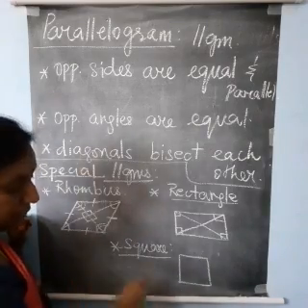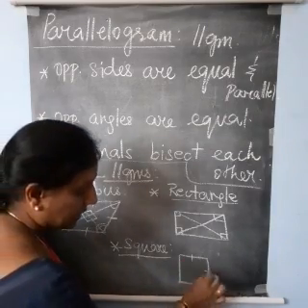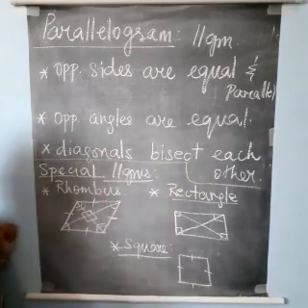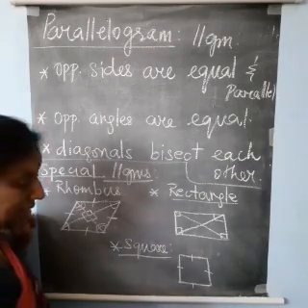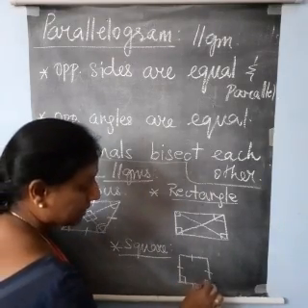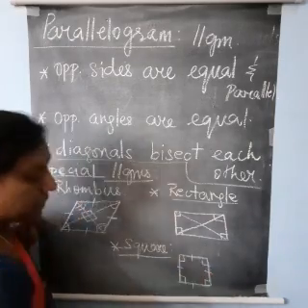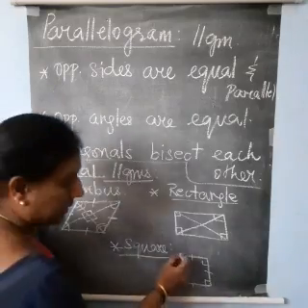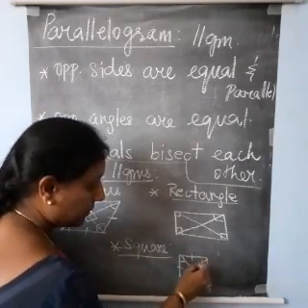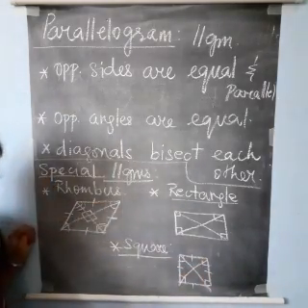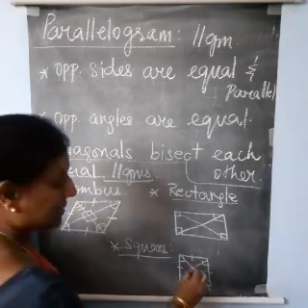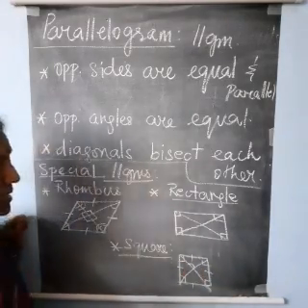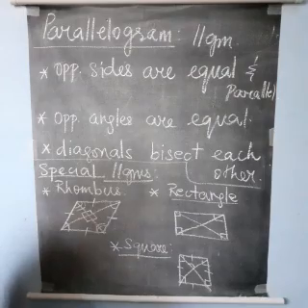So almost like a rhombus. All sides are equal and opposite sides are parallel, as well as all angles are 90 degrees. Here also diagonals are equal and they will bisect each other at 90 degrees.